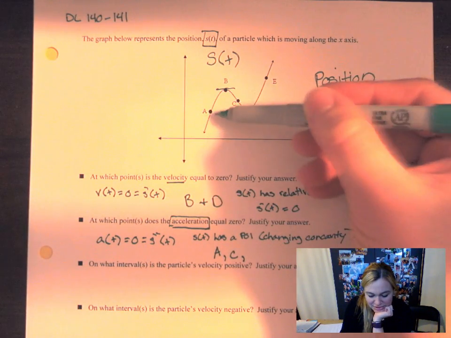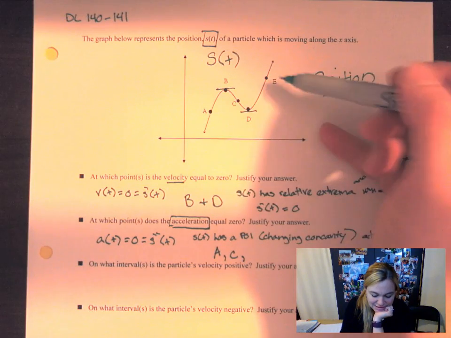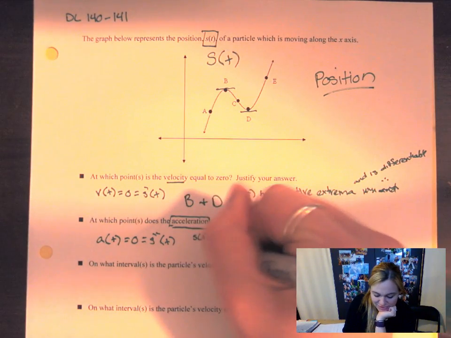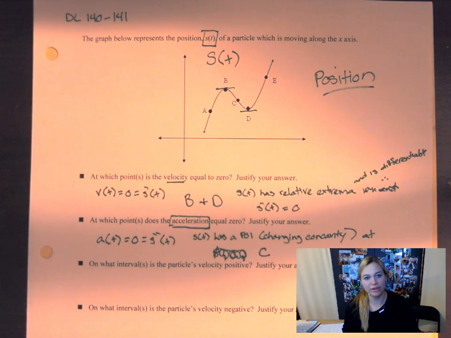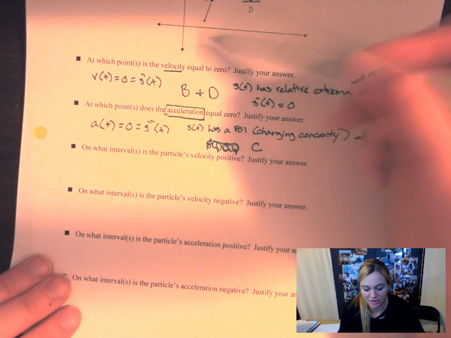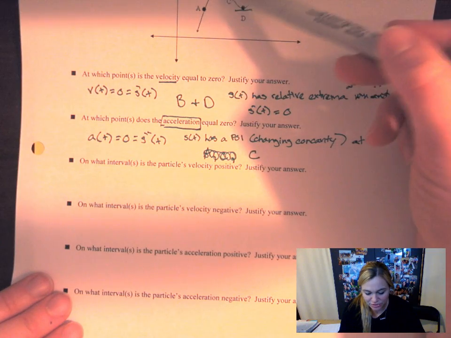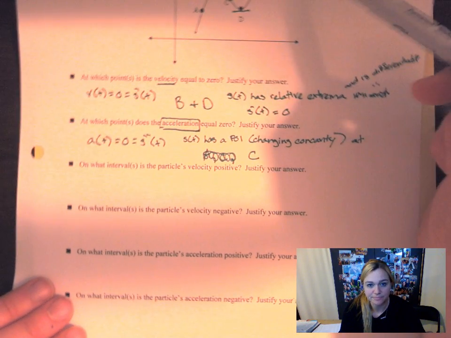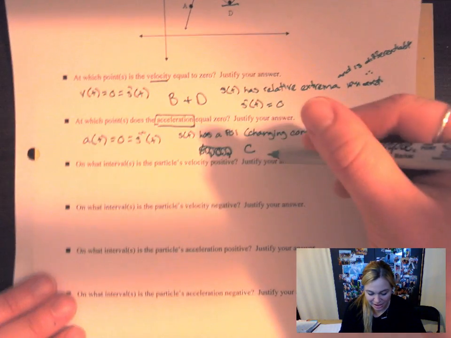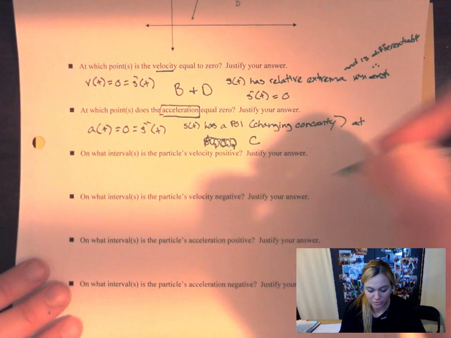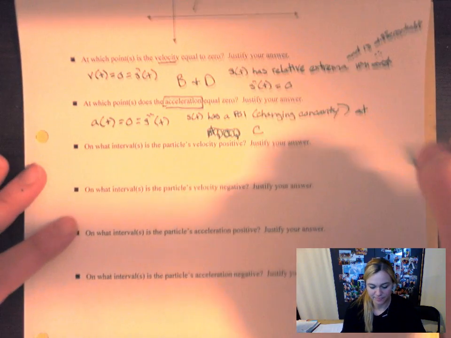So you could potentially say A and E. But you know what? I might just leave this with C. If you said A and E also, you could totally argue this because this graph is not precise enough, and I can't really tell if it's changing concavity or not. In C, I'm changing from concave down to concave up. So S of t has a point of inflection, changing concavity at C. Therefore, A of t is equal to 0 at that point.